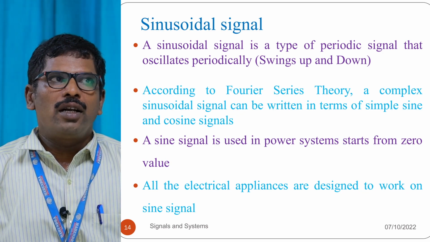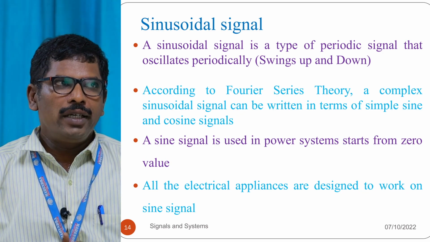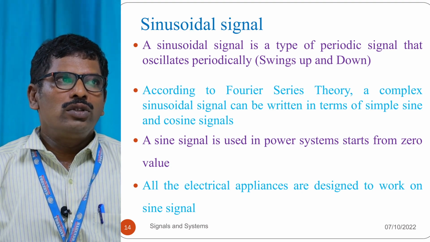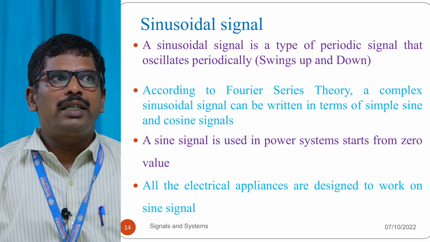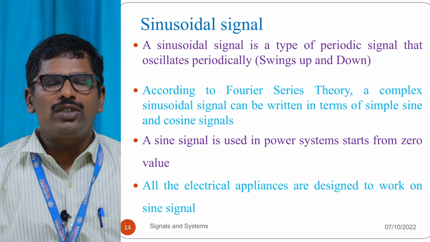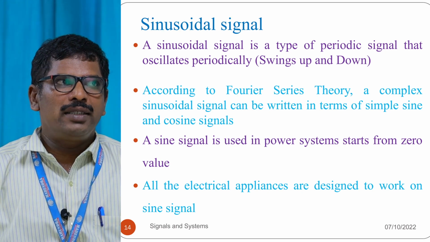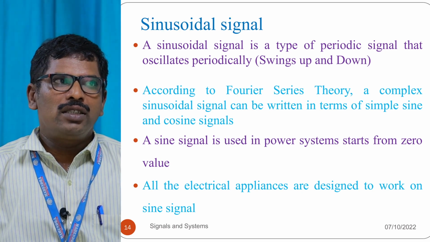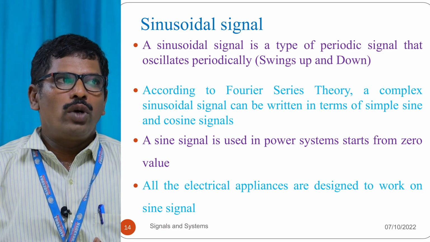Why the sinusoidal signal is most widely used is according to Fourier, who found the Fourier series. A complex signal can be written in terms of simple sine functions, which are easy to analyze. So sine as well as cosine signals may be used to analyze our systems. So that's why.